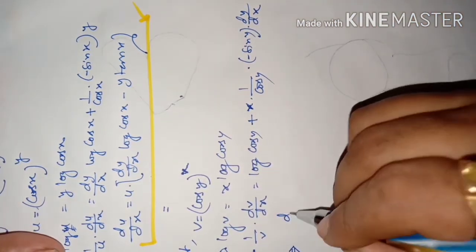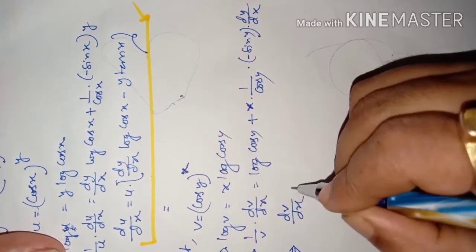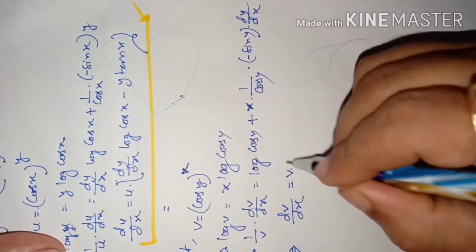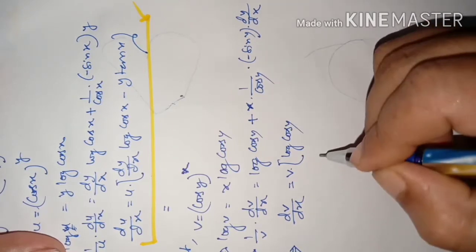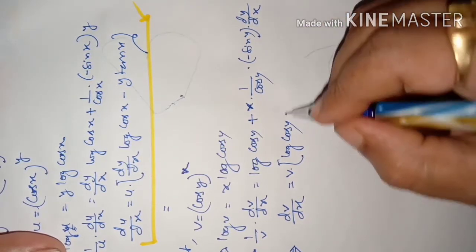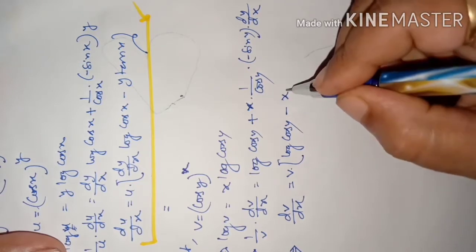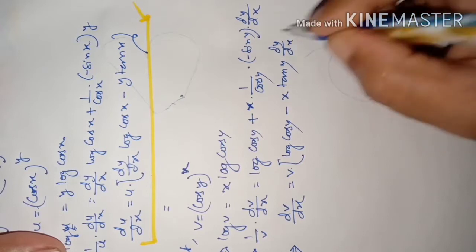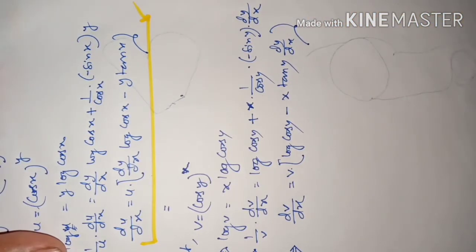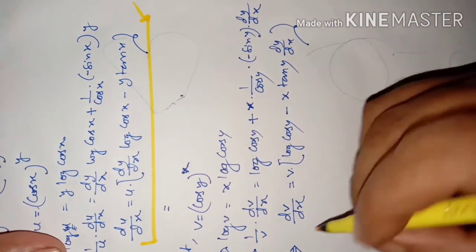From here, dv by dx is equal to v into log cos y minus x into tan y dy by dx. So this is dv by dx.